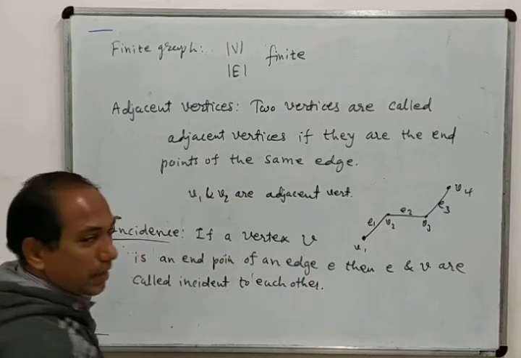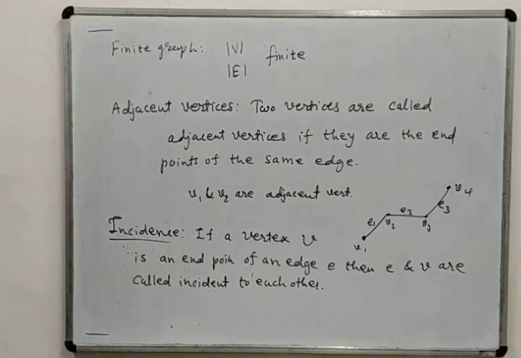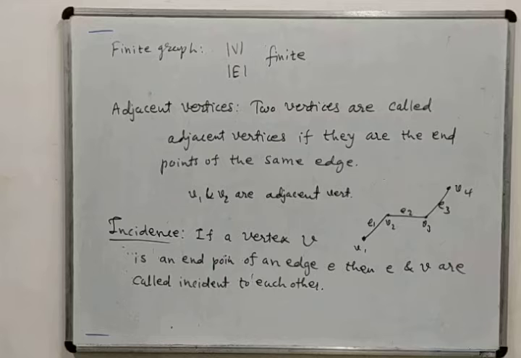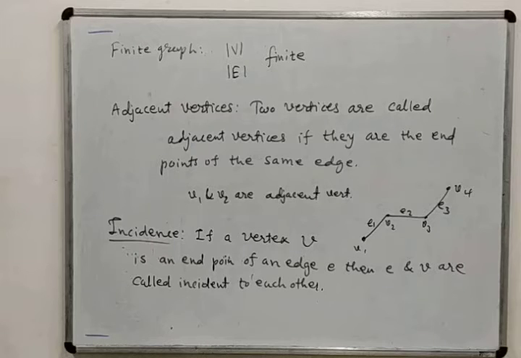So the incidence relationship is between an edge and a vertex. If a vertex V is an endpoint of some edge E, then we say that V and E are incident to each other.